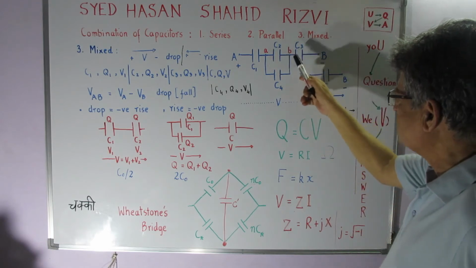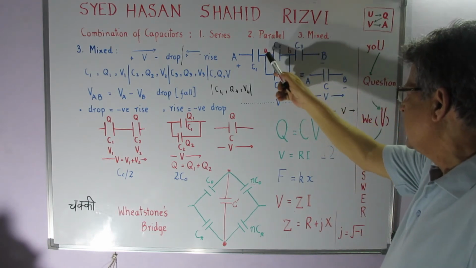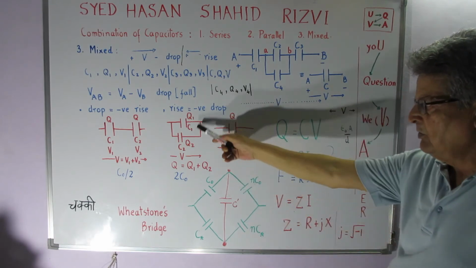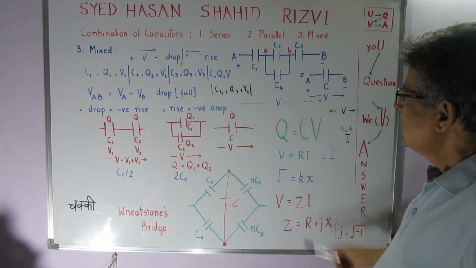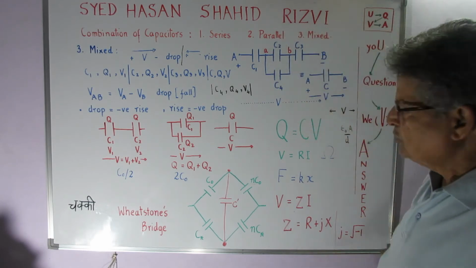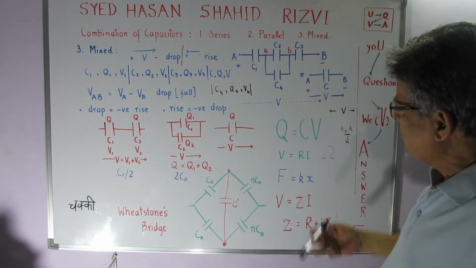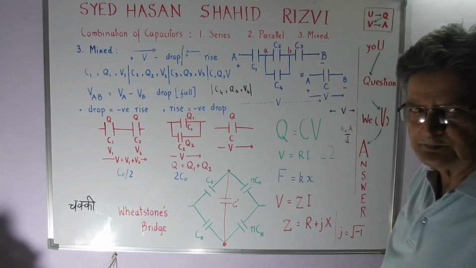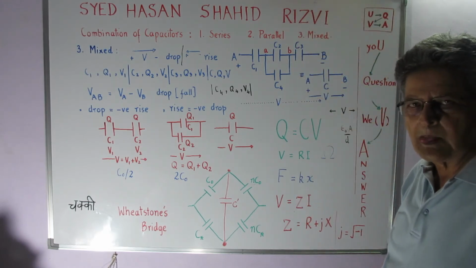So these two paths from A to B like this and A to B like this, they are the parallel paths. They are just like over here. So these two are in parallel. So the value will be equal to how much? C2 plus C4. Very simple.